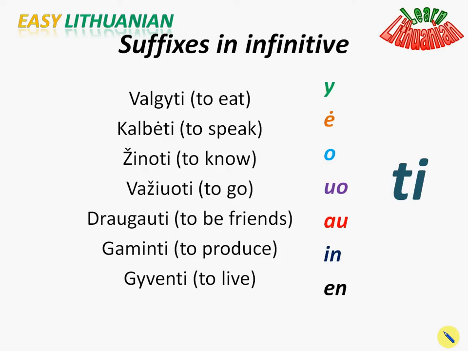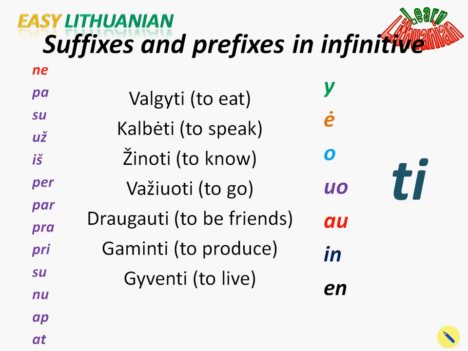So, if you know these suffixes, it will be easier to associate these infinitives in your mind. And please note that there can be prefixes in the infinitive too. The first one, ne, negates the infinitive. For example, nevalgyti means not to eat. Nekalbėti, not to speak or to be silent. Nežinoti, not to know. And so on.